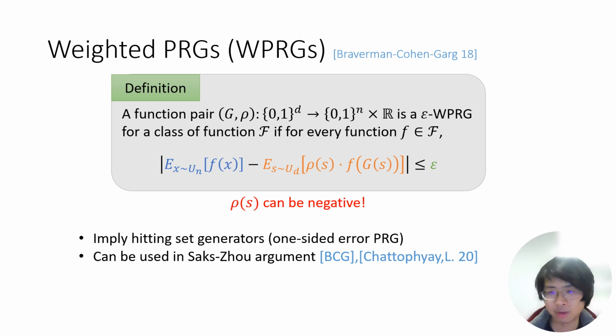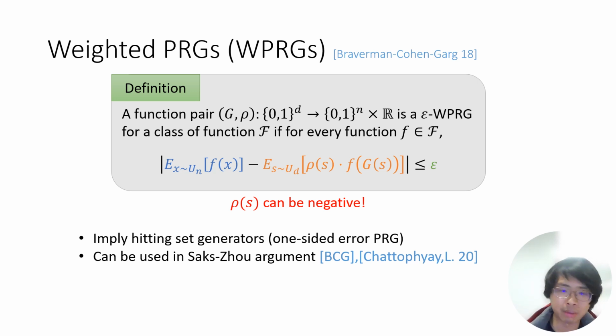Even though the weighted PRG is weaker than an actual PRG, it's still strong enough to imply some interesting applications. The first one is that by simply enumerating all the seeds, we can get an approximation of f.